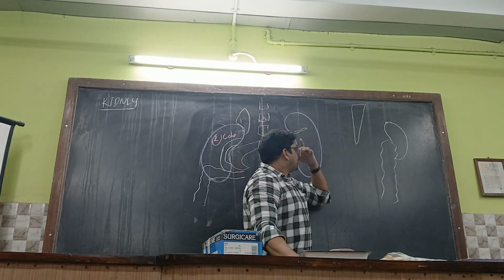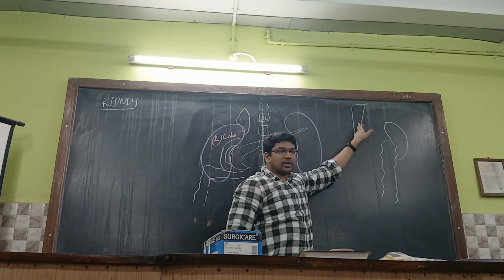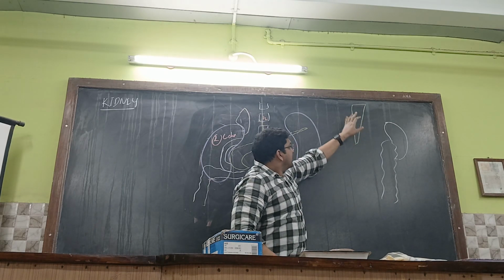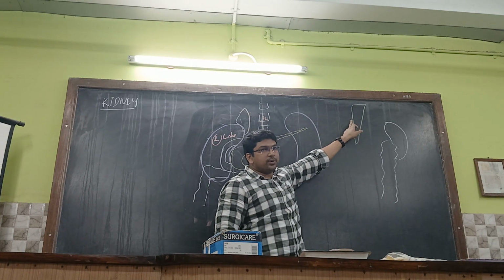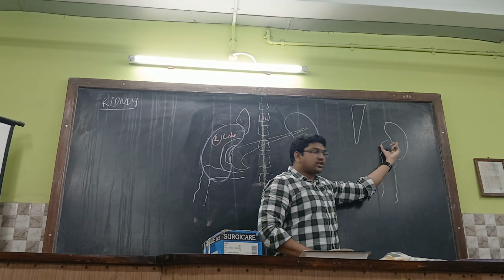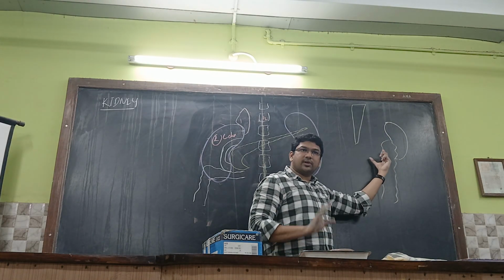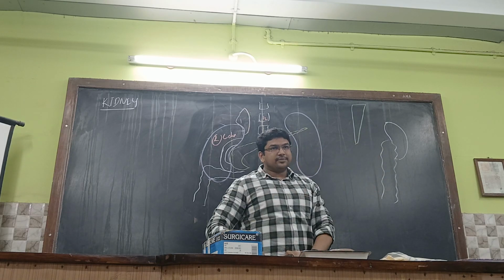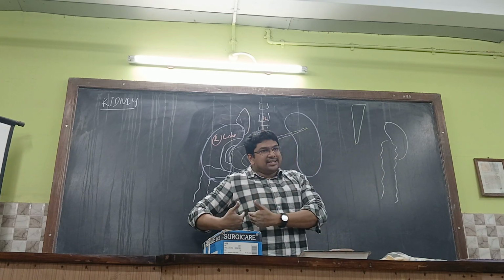For example, we are in the sagittal section, a parasagittal section, we can see that. This is the liver, the right lobe of the liver, and this is the right kidney, this is the right colic flexure, and this is the ascending colon over here. Clear on it?